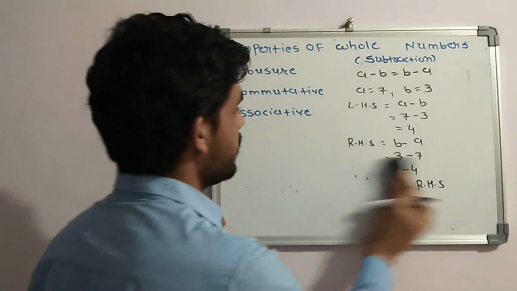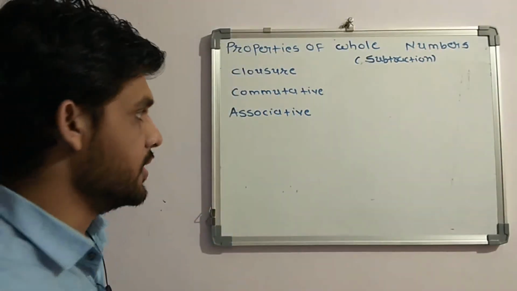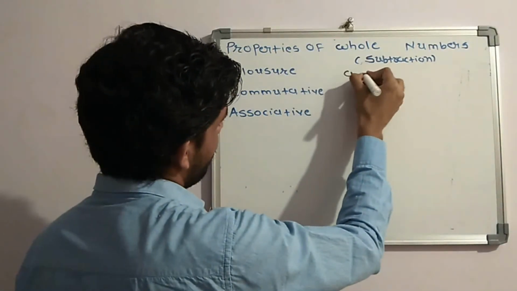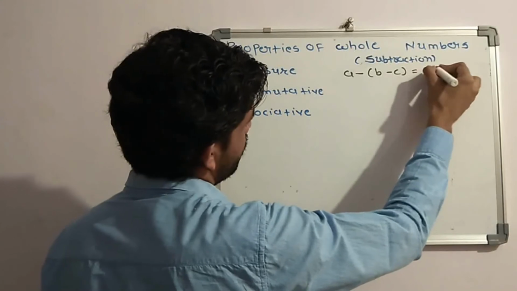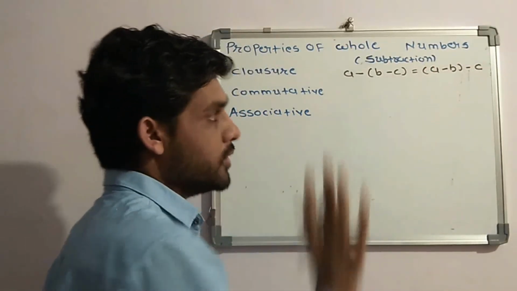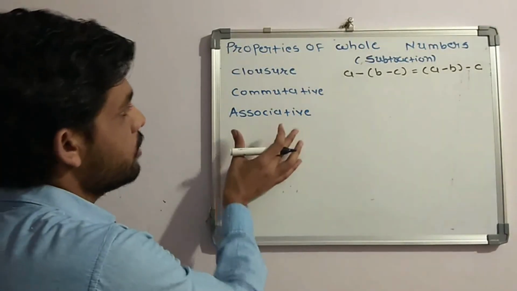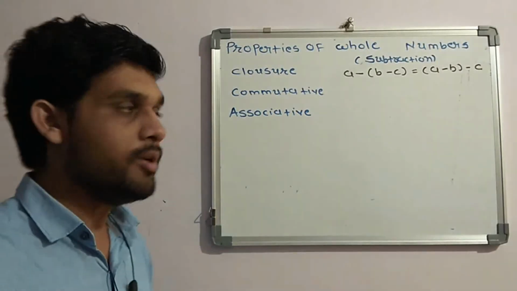Now let me check for the associative property. So now the statement of the associative property is that for any three whole numbers, a minus bracket b minus c bracket over is equal to bracket a minus b bracket over minus c. If we prove this, then we say that the associative property is closed under subtraction for whole numbers. Let me try it.